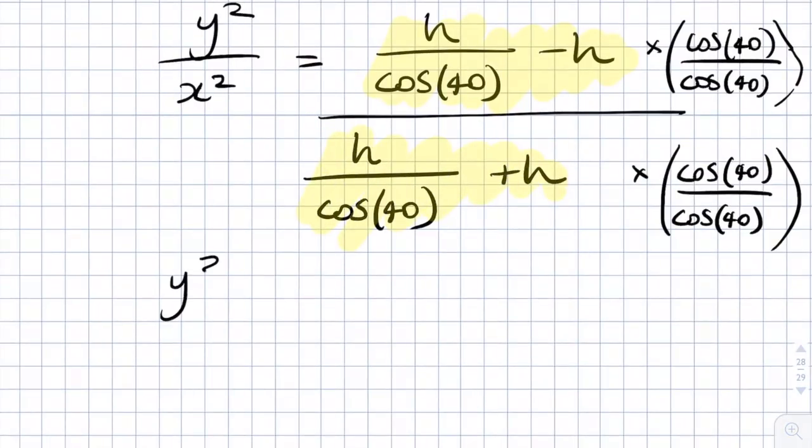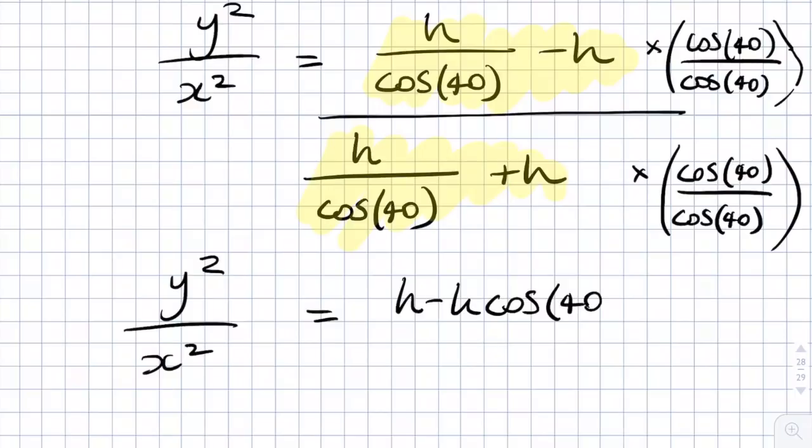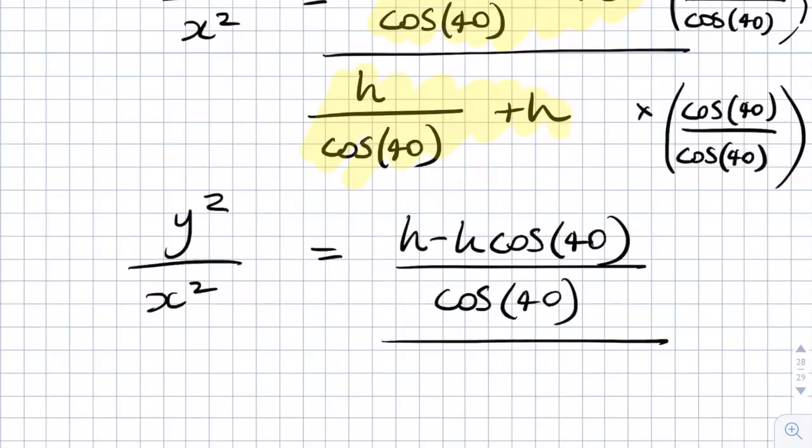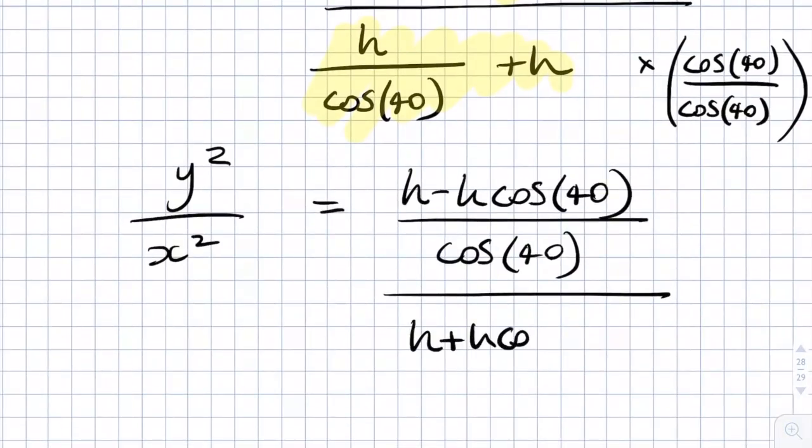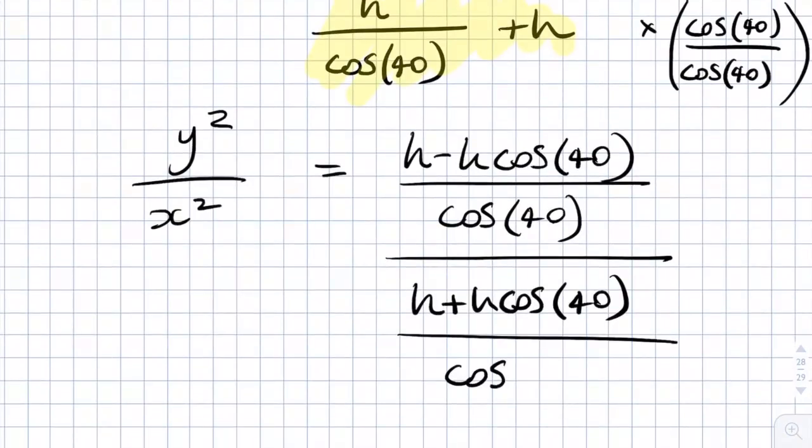We're going to get y squared over x squared equals h minus h cos 40 all over cos 40, all over h plus h cos 40 all over cos 40. Now, it's looking very messy with these fractions, but what you should know is if you've got a fraction divided by another fraction, it's the same as doing the first fraction times the reciprocal of the second fraction.